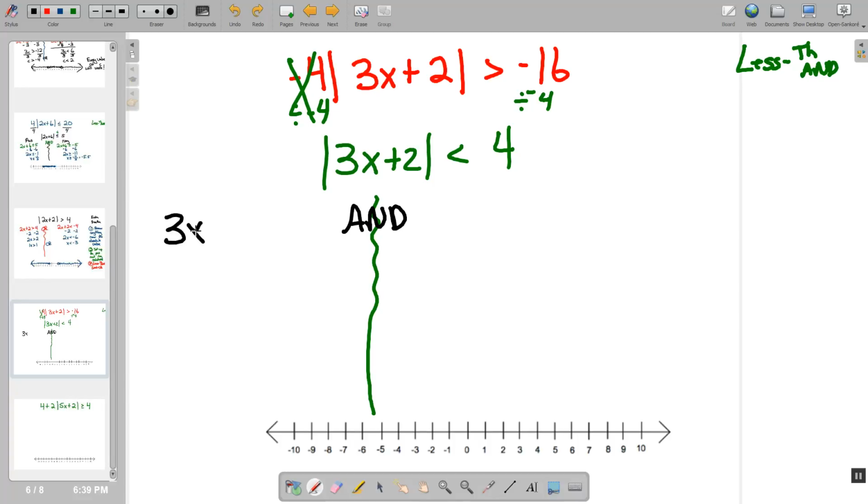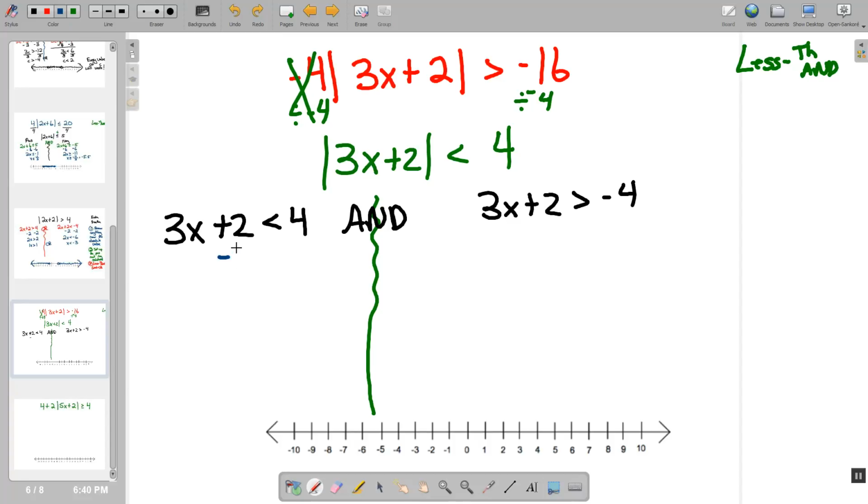So I have 3x plus 2 is less than 4, and on the right side I have 3x plus 2 is greater than negative 4, remembering to flip the sign again. A very common mistake is to do the less than or greater than right away instead of waiting until right before you do the positive and negative solution sets like we did in this problem.